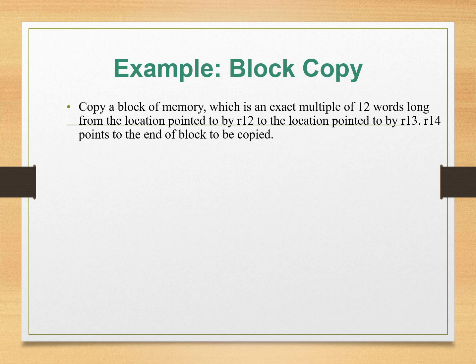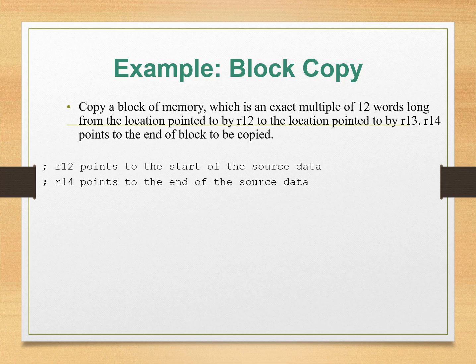R12 is the start of the original block that contains the data you want to transfer, and R13 points to the block where you want to transfer. R12 points to the start of the source data and R14 points to the end of the source data. We have the start and the end, so we know how much data. R13 is where you want to put it after you copy.